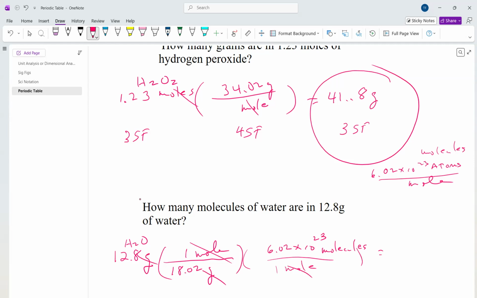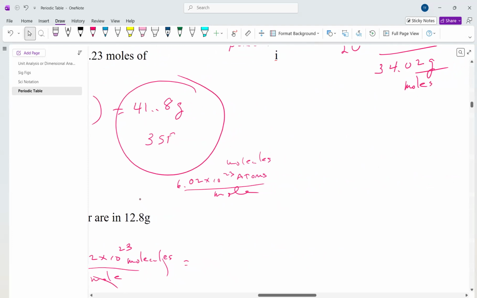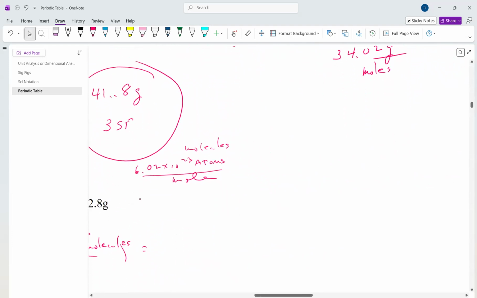Now, I want to review one thing that's really important. We have two new conversion factors. We have molar mass or atomic mass. Atomic mass is when we're only dealing with one element. Molar mass is when we're dealing with a compound of multiple atoms. And then we have Avogadro's number.